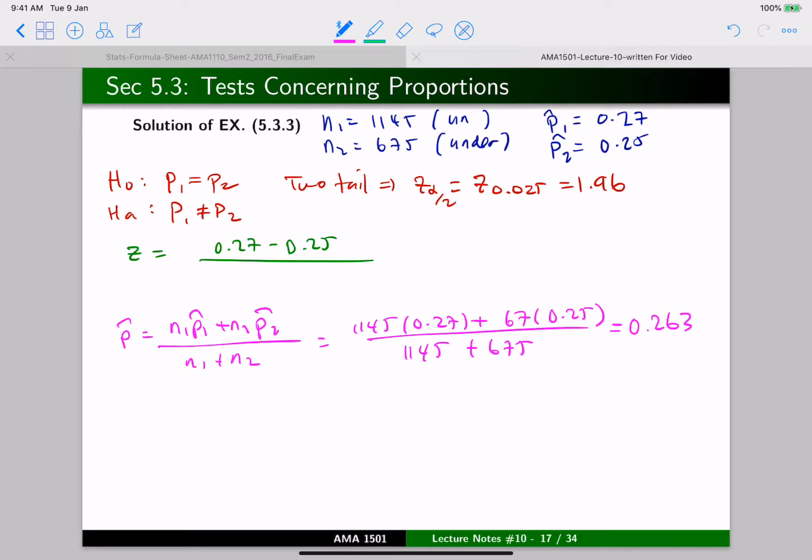So this will be the square root of p hat, 0.263, times (1 minus p hat), times (1 over n1 plus 1 over n2). The test statistic will be 0.9366.